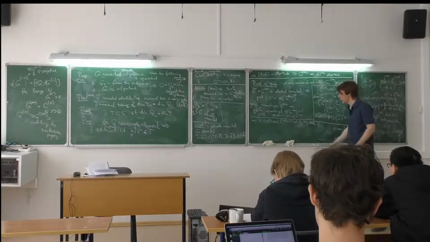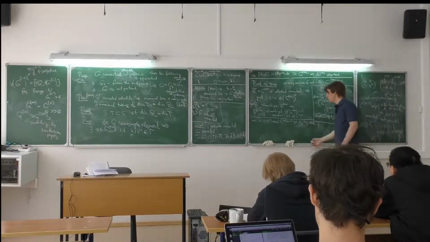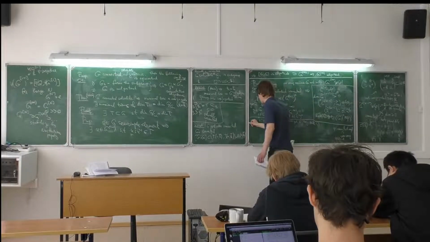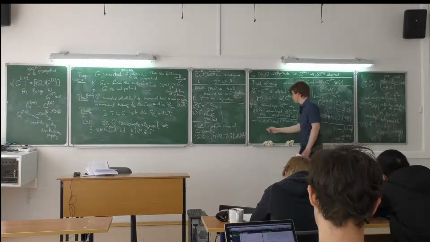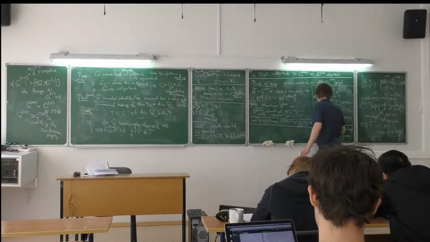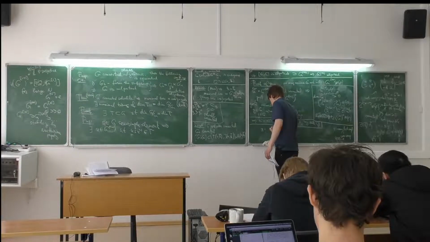So that's why the component of the unit will be fixed. It can permute the components, but the component of the unit is fixed. And since it is normal, we can pass to the corresponding quotient.